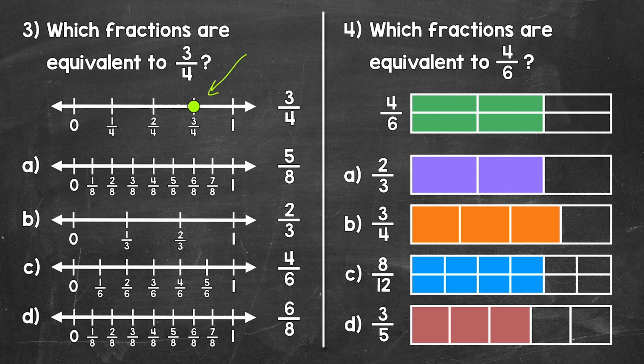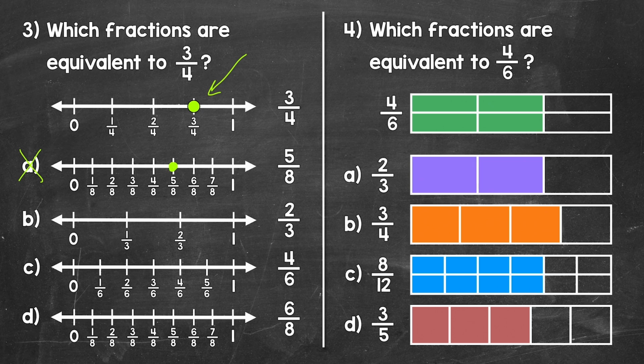So we have our number line with 3/4 marked. Let's go to A, 5/8. 5/8 is right here on the number line. So is 5/8 equivalent to 3/4? Is it in the same place on the number line? No, 5/8 is not equivalent to 3/4.